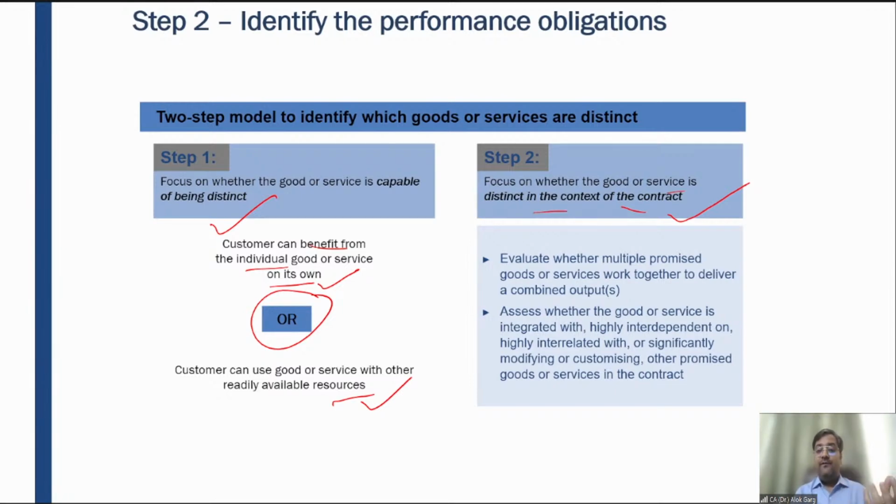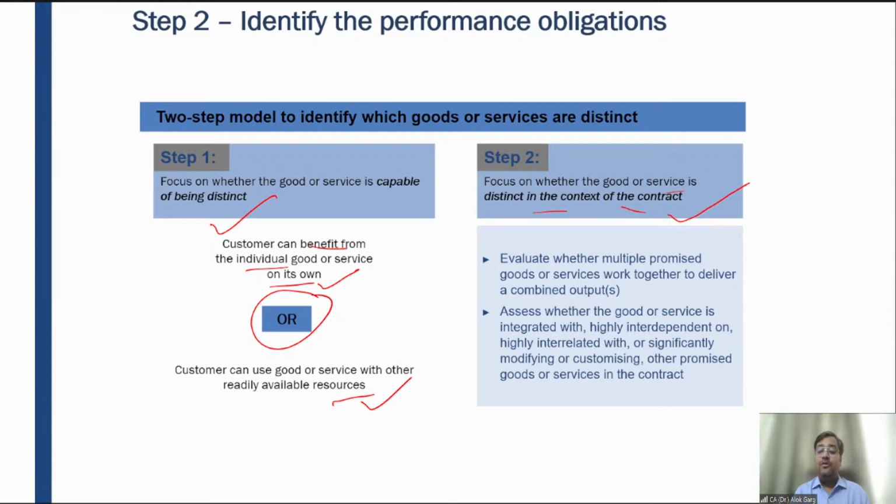If the air condition will be supplied, even the customer can get it installed on his own, or with readily available resources like an outside mechanic. It means the supply of AC and the installation are two different performance obligations, and the revenue has to be recognized separately. When the AC has been delivered, revenue has to be recognized to that extent. When the installation is delivered, revenue has to be recognized for the installation as well. So this was from the goods and services aspect, individually.